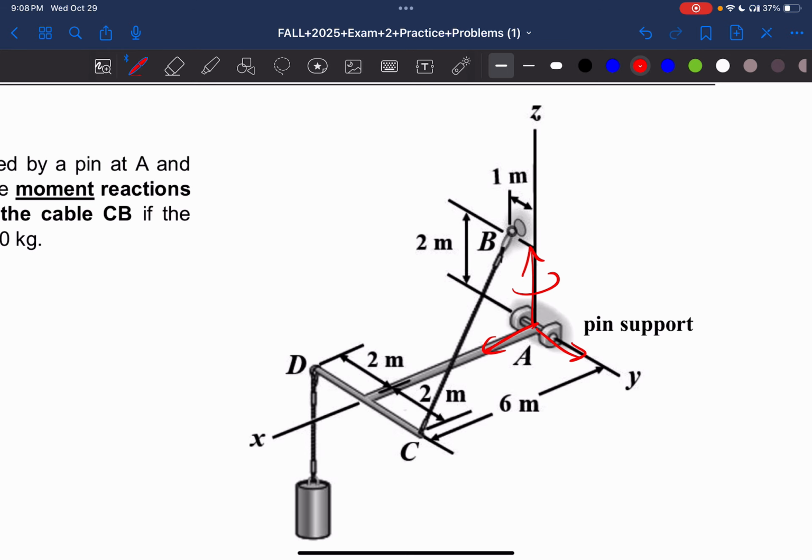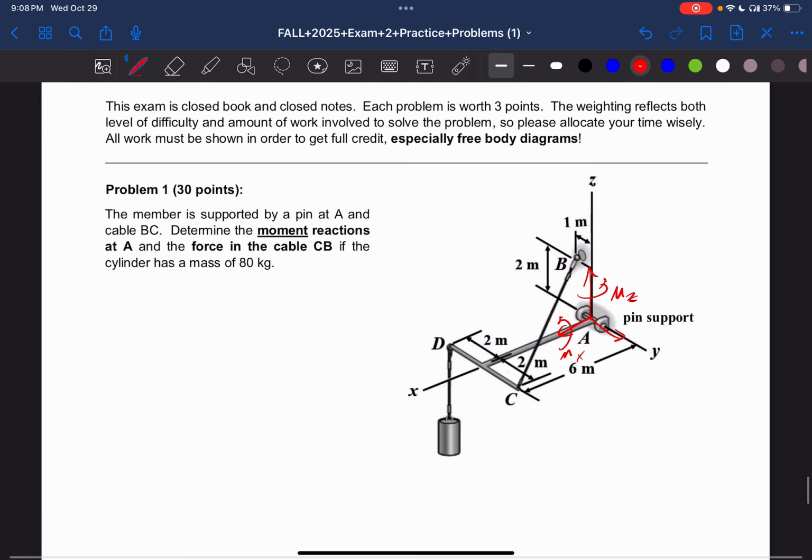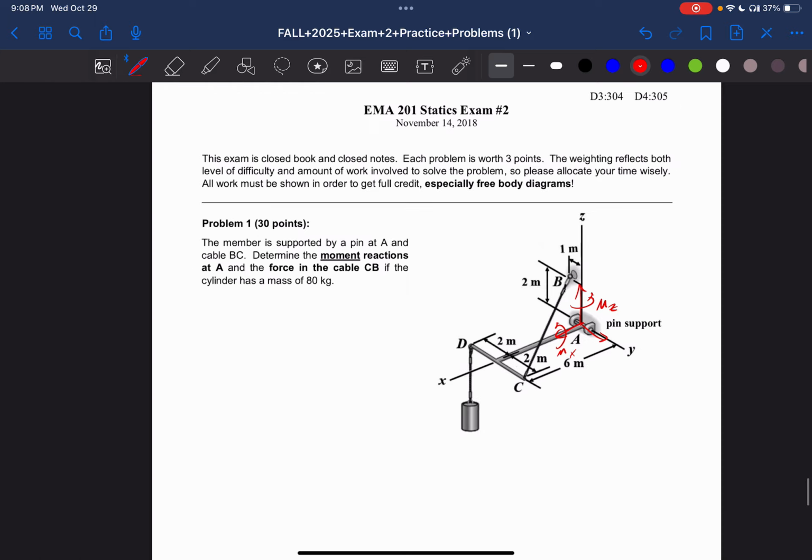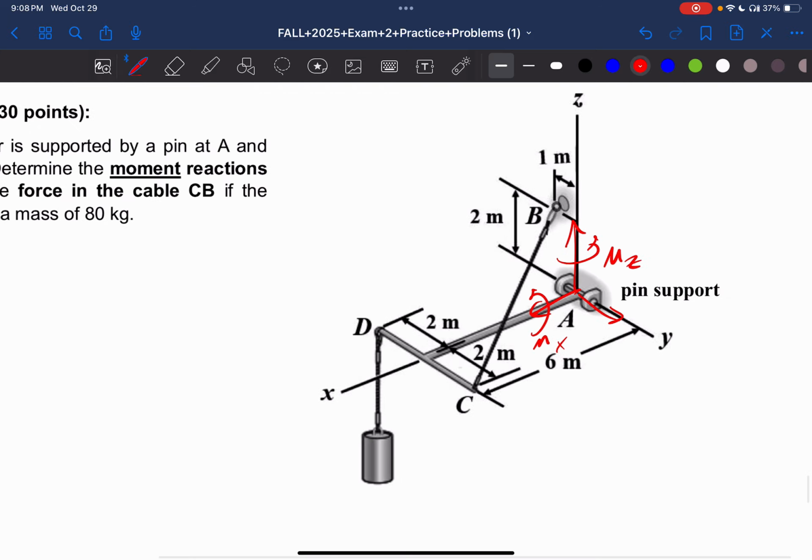Obviously, we're going to have a moment about this direction, the positive direction. We're not going to have a moment in the y direction. We're going to have a moment in the x direction. This will be moment z, moment x, and then Ay, Ax, Az, obviously. It's pretty simple. We have a force this way, force down this way. That's all there is. Not that hard.